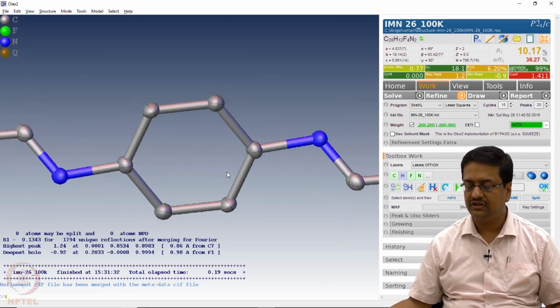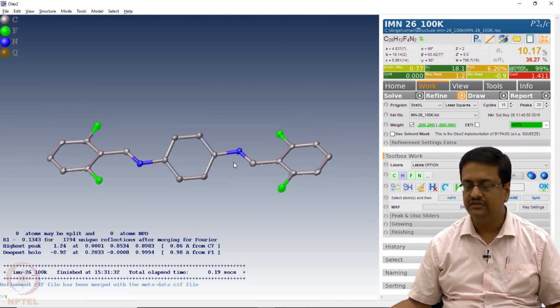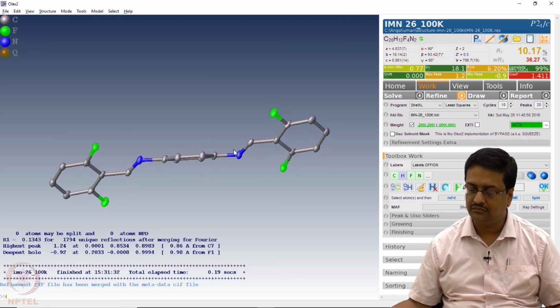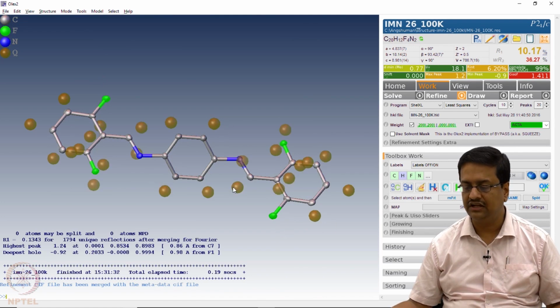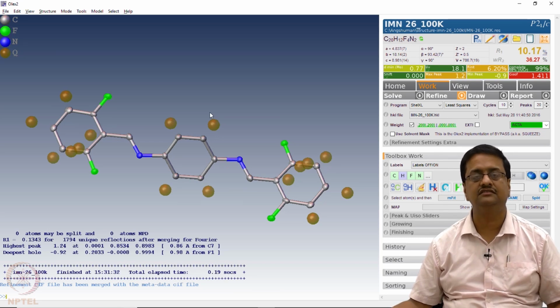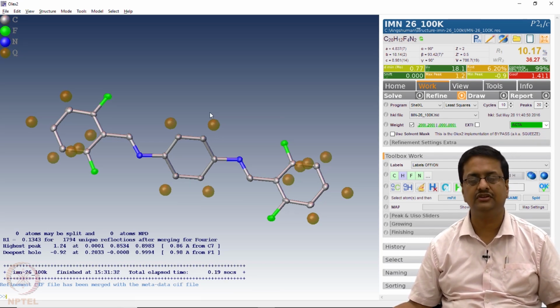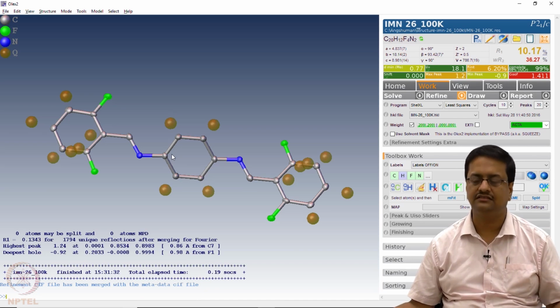It is important that we discuss the treatment of hydrogen at this point, which I will also discuss in more detail at a later stage. These hydrogens which are appearing here from the electron density map, you can see there are some hydrogens appearing here, but not all of them are appearing, because hydrogen is the smallest element in the periodic table with the minimum electron density that is possible. So locating the hydrogen atom from X-ray data is nearly impossible.